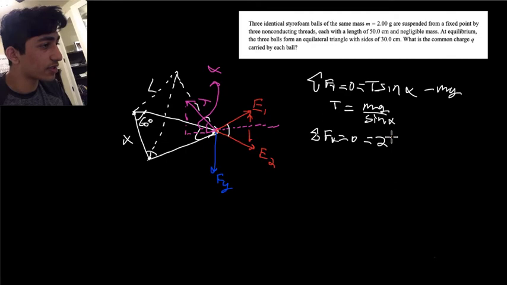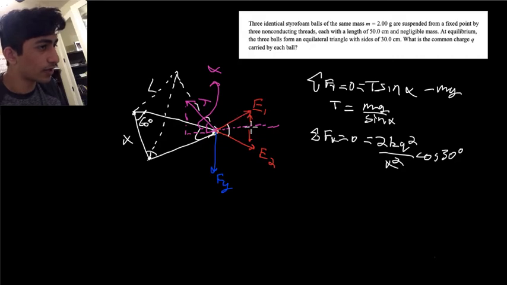So we can say that this is 2kq squared over x squared cosine 30 degrees, because this one would have exerted a force in the x direction of kq squared over x squared cosine 30, that's the x component, and then this is the exact same, so we just multiply by 2. Minus T cosine alpha, which is the extra component of the tension. T cos alpha.